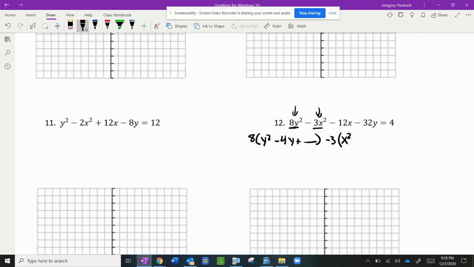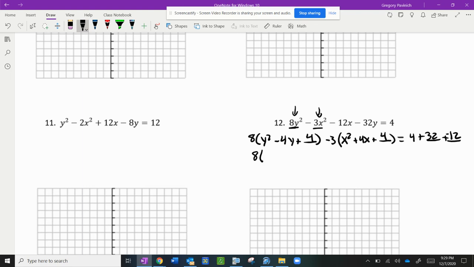So I'm going to pull out a negative. -12 divided by -3 is a positive 4. Careful on your signs on those. And 4. So what did I really add? Half of 4 is 2, squared is 4, so I'm going to add 32. And then this one, half of 4 is 2, squared is 4, and that's a -12.